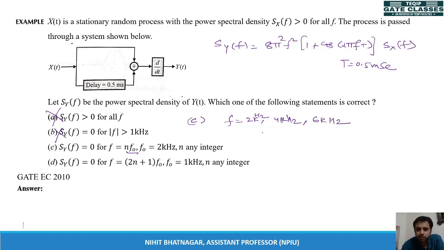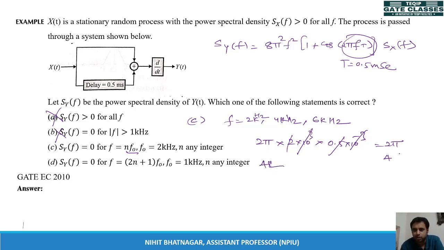So in this expression 2π, now take f equal to 2k, 2 into 10 to the power 3, and t is 0.5 millisecond. The minus and plus cancel, the half cancels, and it becomes 2π. Then after putting 4k, it becomes 4π.